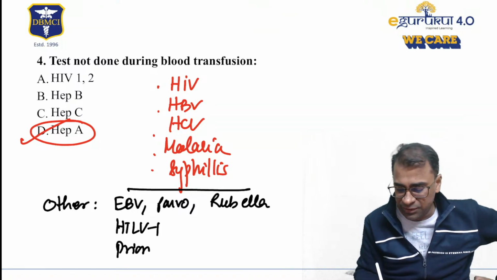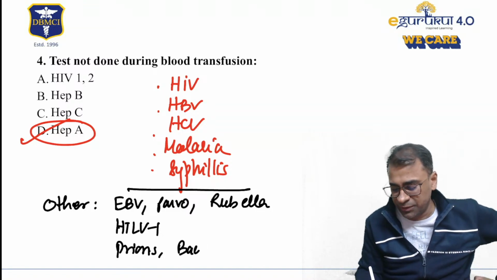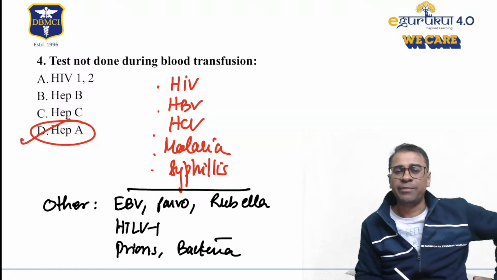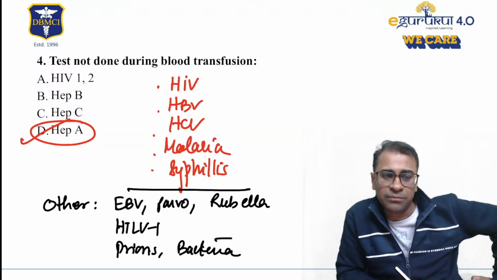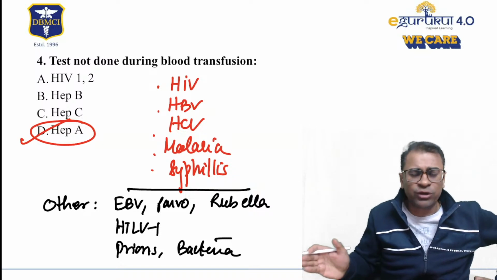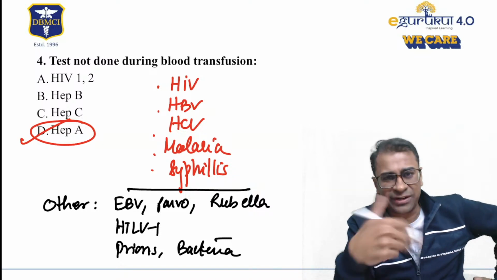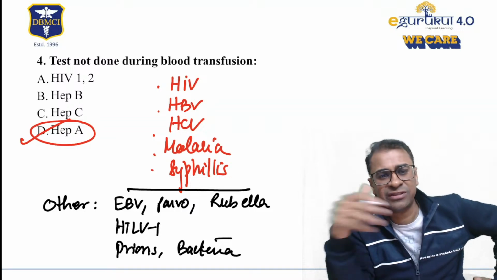Prions can also transmit, and especially bacterial infection can also transmit. We cannot check for these infections because it becomes too costly, not cost effective, and also because the risk of transmission of these diseases is very, very low.